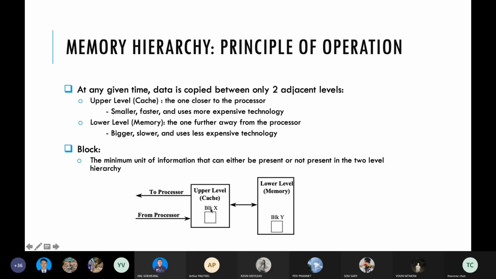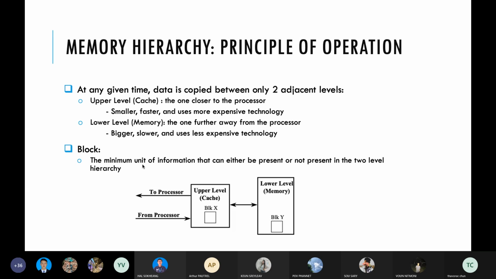BLK here refers to block H, and here is block Y. Block here refers to the grouping of data together, and you need to know that the block in any kind of memory at any level needs to be the same.